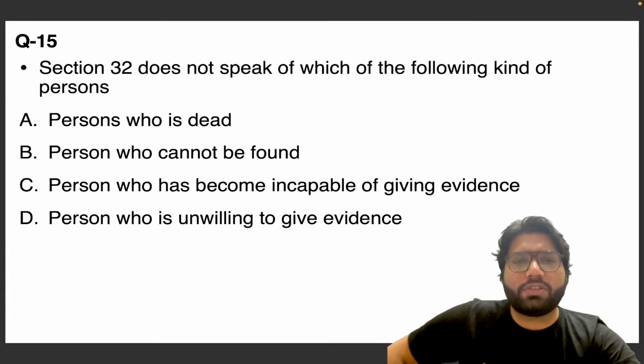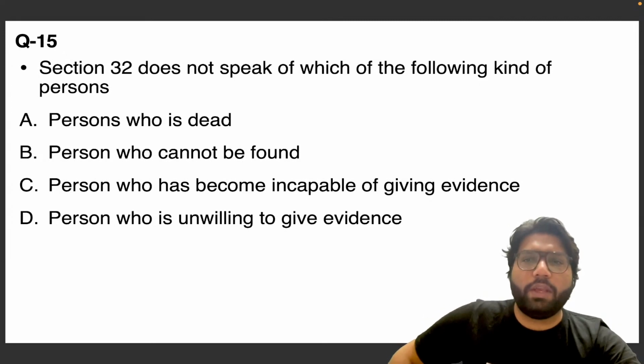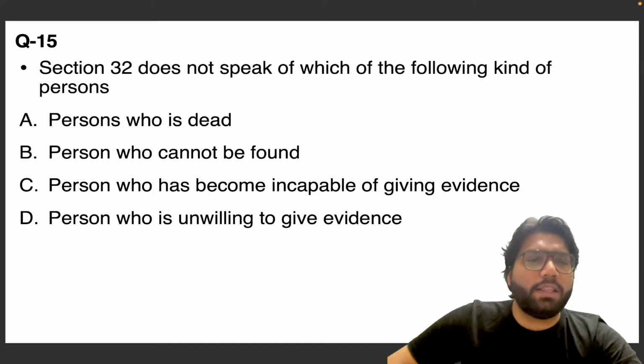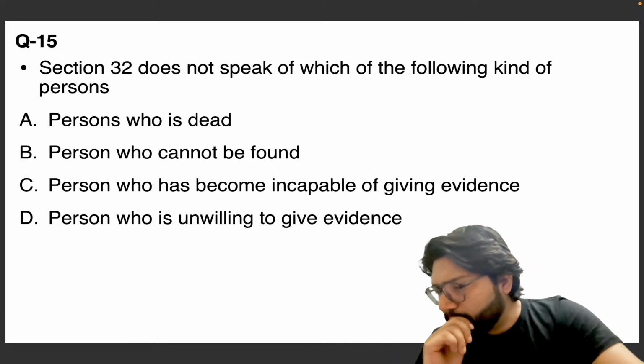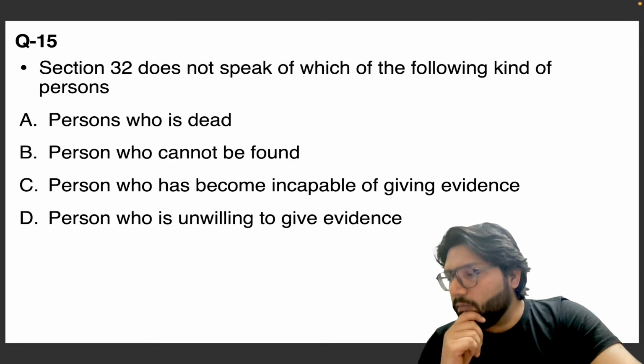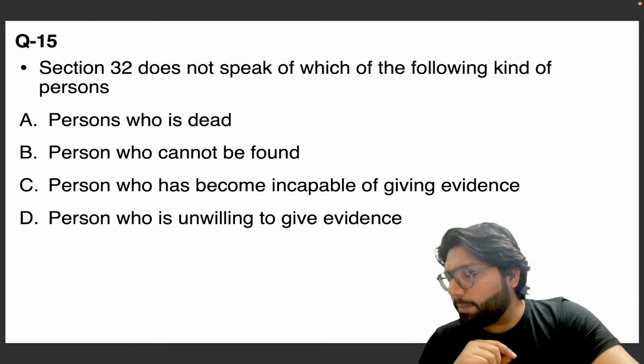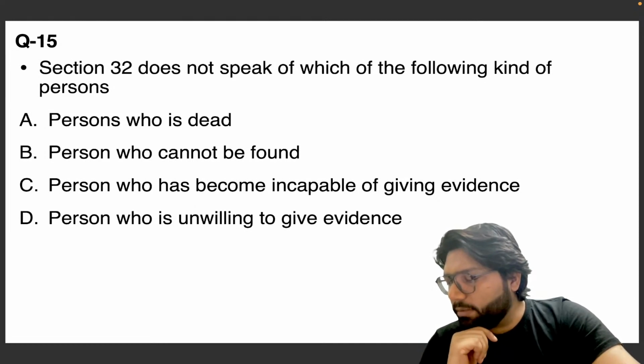Section number 32 does not speak of which of the following kinds of persons? Out of all these options, choose the most appropriate one. First one to answer correctly, Sapna, followed by Amit and Pratibha.